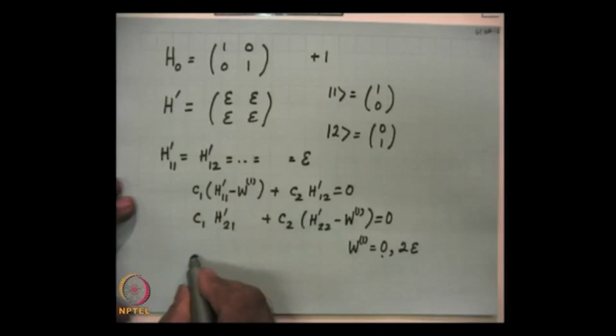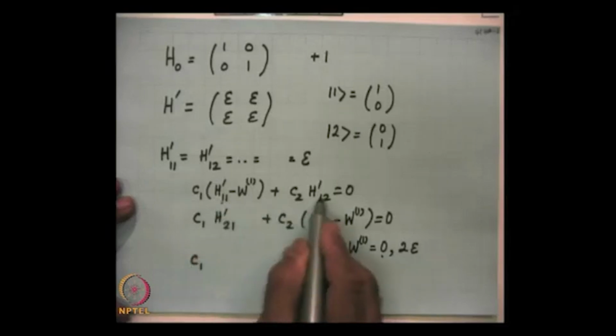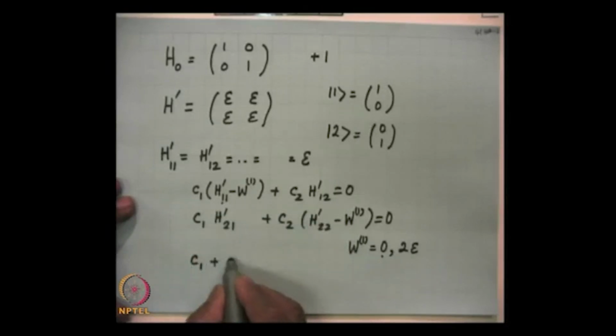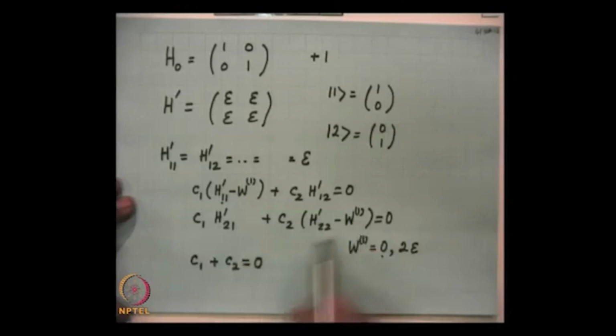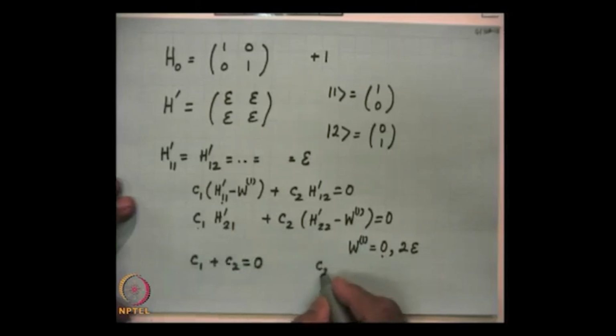So we have C 1 epsilon plus C 2 epsilon is 0, so C 1 plus C 2 is equal to 0. Even the other equation will give me the same thing: W 1 is 0, this is epsilon, C 1 plus C 2 is equal to 0. Therefore C 2 is equal to minus C 1.